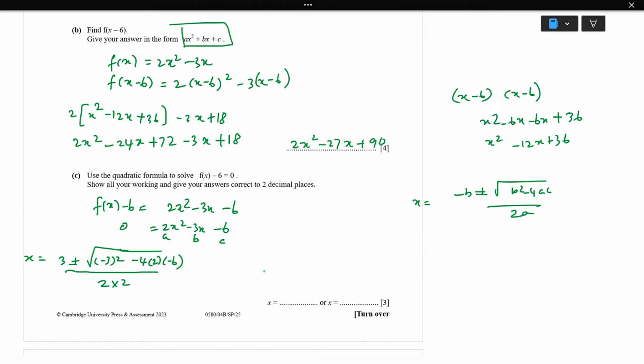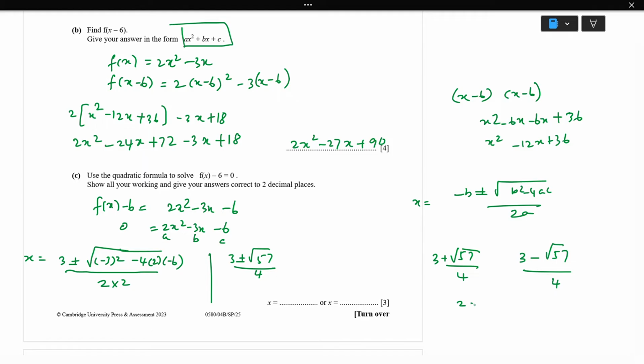So when we use the calculator, you will get 3 plus or minus square root of 57 over 4. This is the answer. One answer is going to be 3 plus square root of 57 by 4, and the other answer is going to be 3 minus square root of 57 by 4.